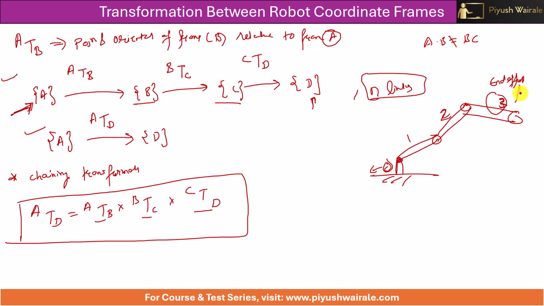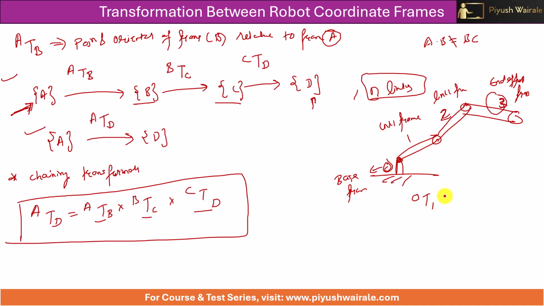So when I say multiple frames, one frame is our base frame, and the last frame is our end effector frame. This is the link 1 frame, and same thing for 2, the link 2 frame. And we have a series of transformations like this. So from 0 to 1, what will this be?